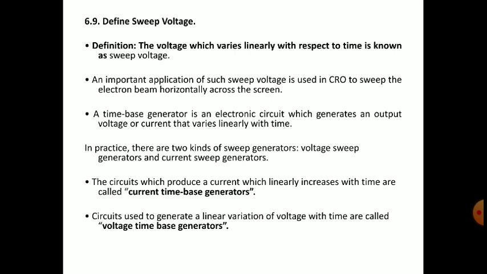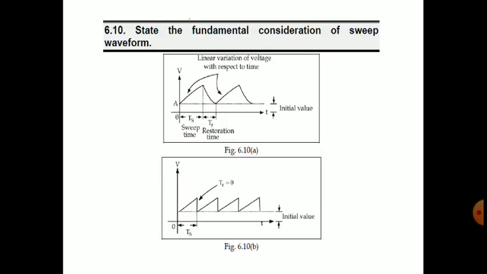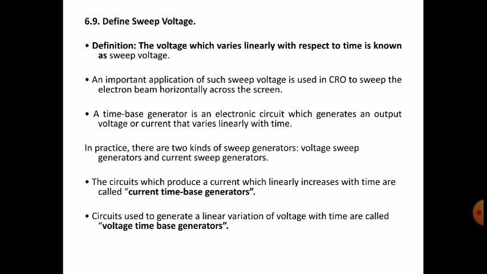It's not linear. Linear means it should be y equals mx. Such a formula has to be applied, and you can see the waveforms also. See the linear variation. Such types of voltage curves are called sweep voltage.